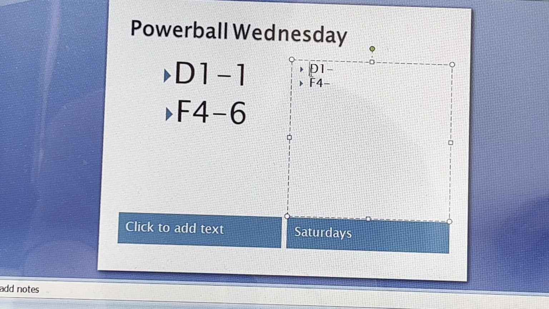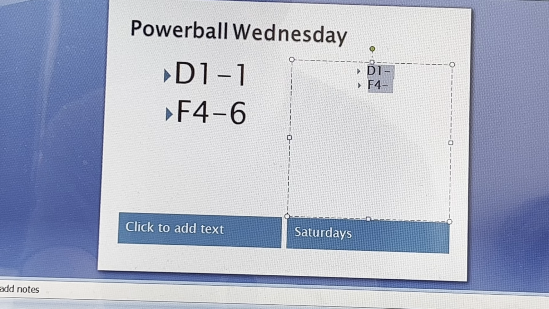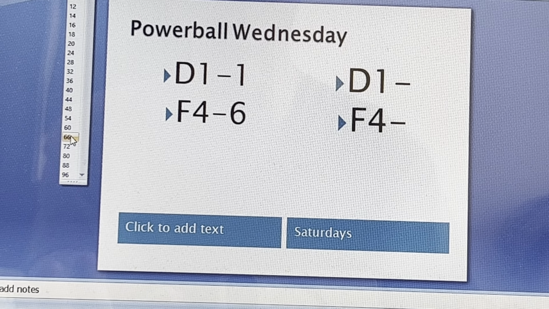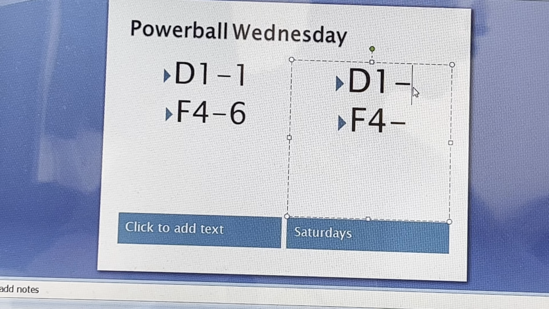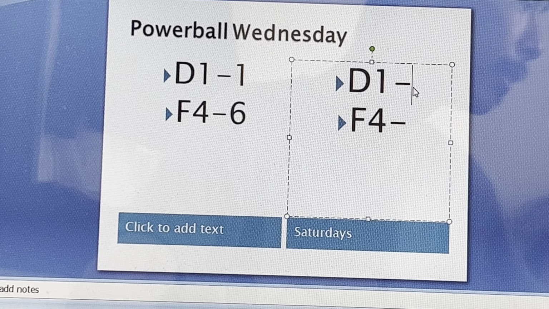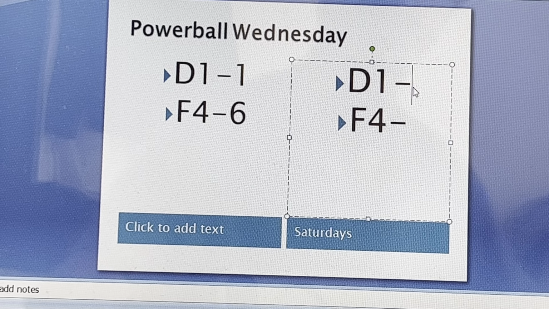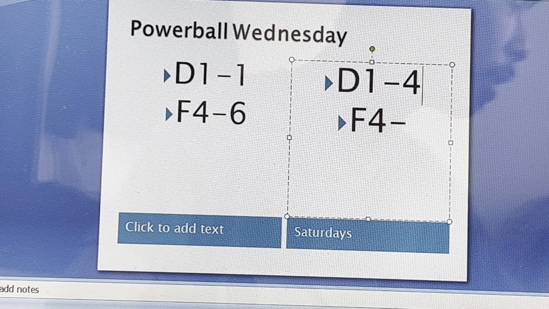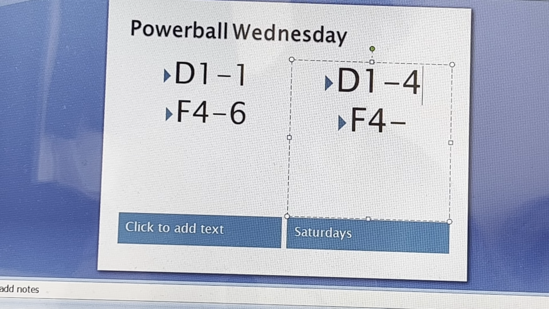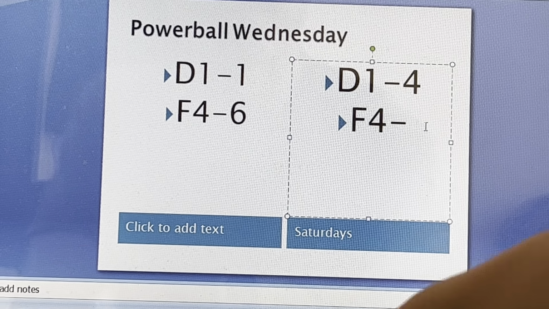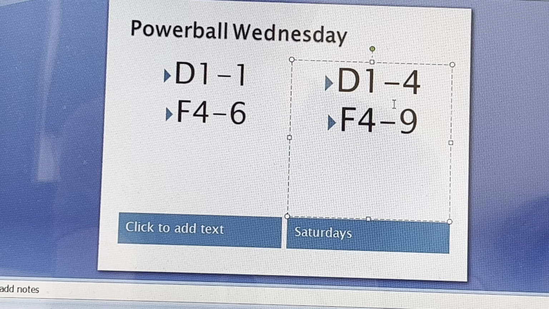So far the Dster is going good on number. You need the Dster system to hit the jackpot. D1 I have 4. I'll make sure I give you the right coordinates. F4 I have 9. You see it?